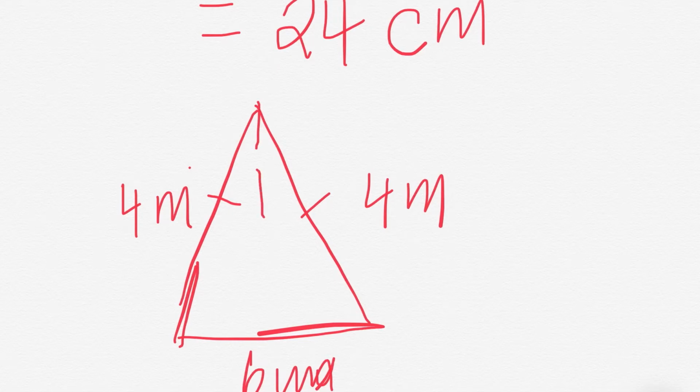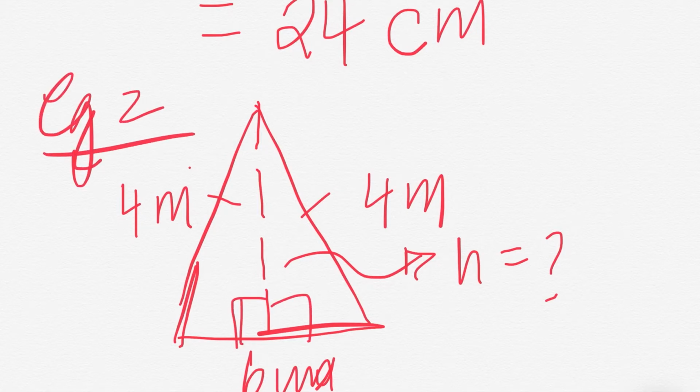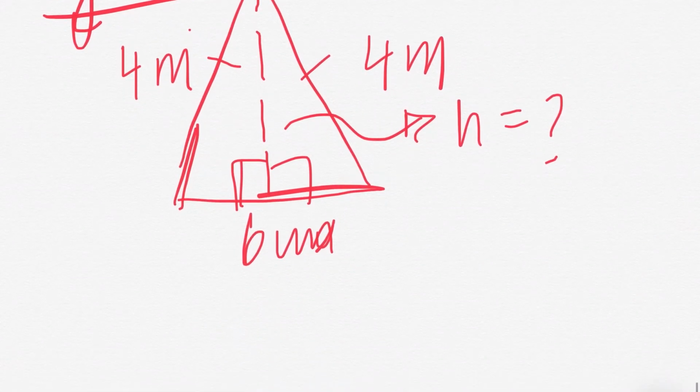We don't know the height of the triangle, but we can find the height of the triangle again with the Pythagorean theorem. The height breaks the opposite side in two halves, with each being 3 meters.